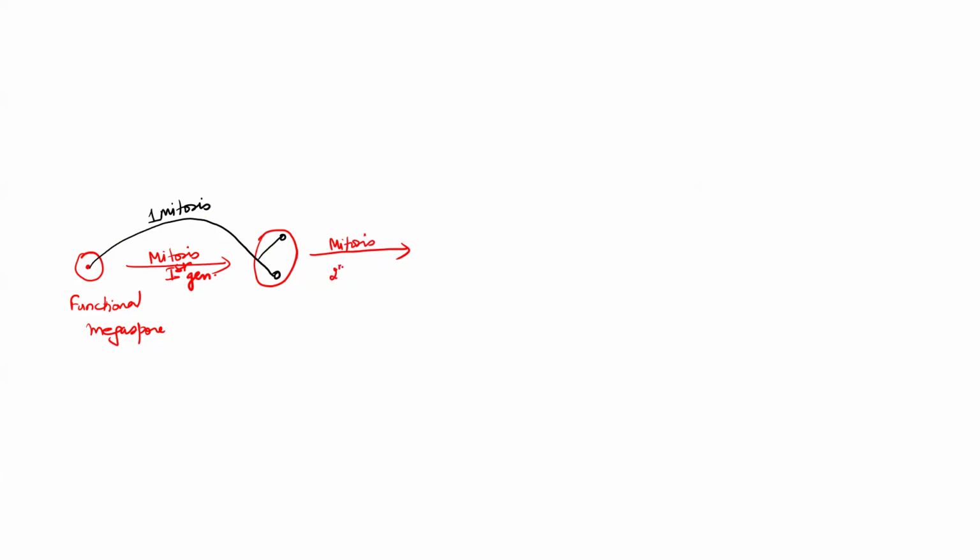Now see next. This is the second generation of mitosis. Please understand the diagram, it is very easy. This will go for mitosis again, so this is the second mitosis. This is going for mitosis again, so third mitosis.